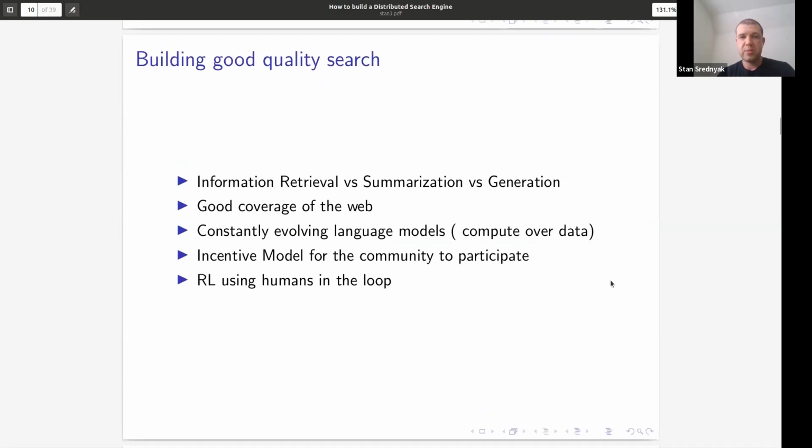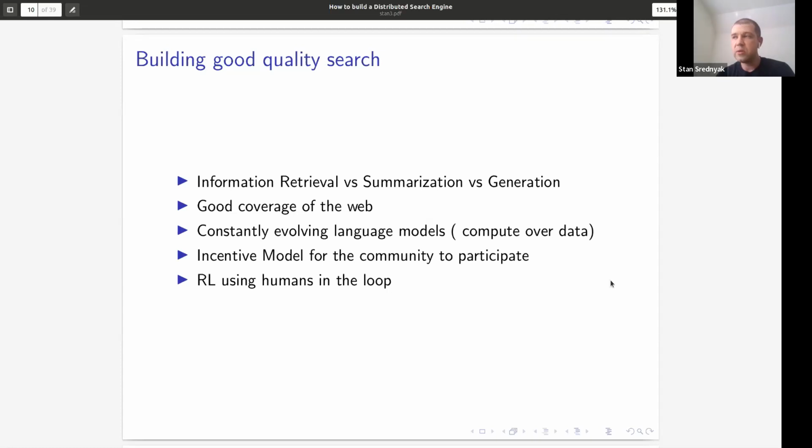But the central challenge, of course, is about building a high quality search experience for users. So this has to be a community effort.